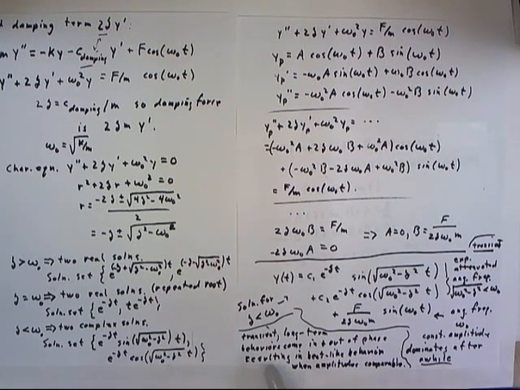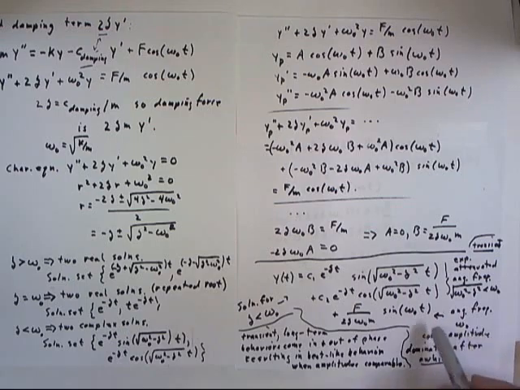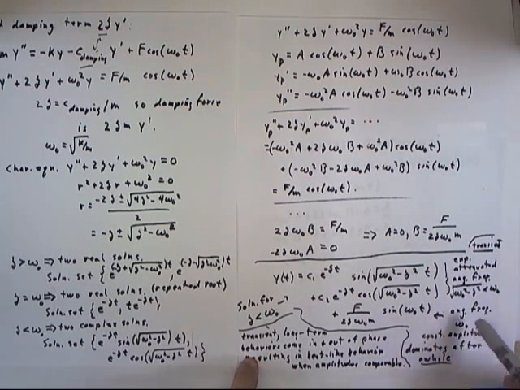Again, reading this to you, because you might not be able to read it, it's kind of small. Here's the transient. It's exponentially attenuated. It's got an angular frequency that's less than that of omega naught, obviously. And we have the long-term solution. I didn't write long-term down here, but it has an angular frequency omega naught with a constant amplitude, and it dominates after a while.